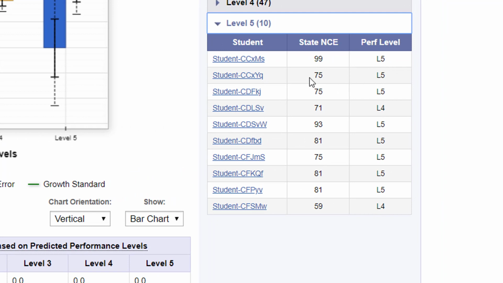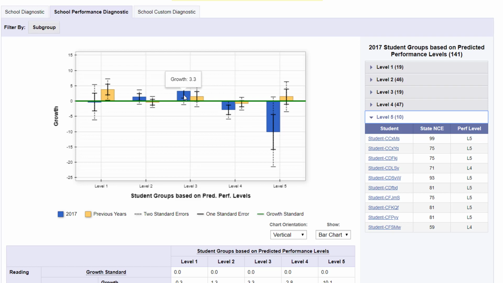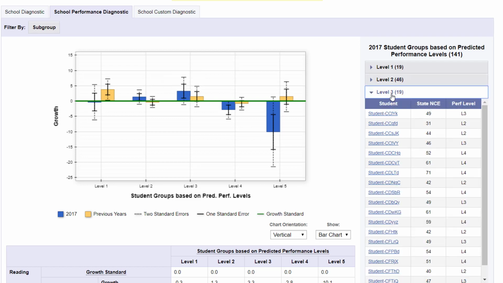But this student who scored at the 75 NCE might have been expected to score at the 99 NCE and did not. So that's why this bar fell below the line. So that's how you read the school performance diagnostic report. It's based on where the students were expected to score and where they actually scored. If I look at the students in the middle, there were 19 of them.